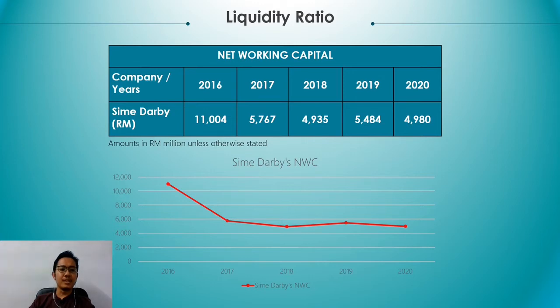As you can see in the table, net working capital for Sandabi was positive for 5 years in a row, even though they had the biggest decrease in 2017, but still a positive NWC. The highest NWC margin in 2016 resulted from the Sandabi group having too much inventory and not investing its excess cash.